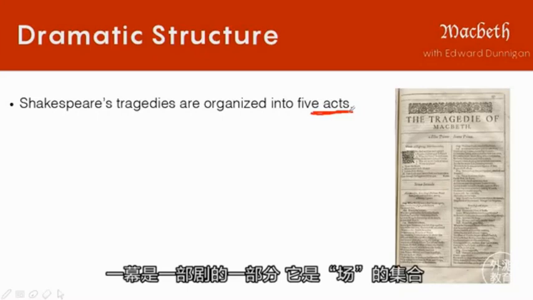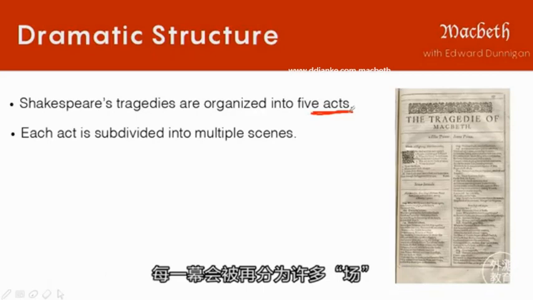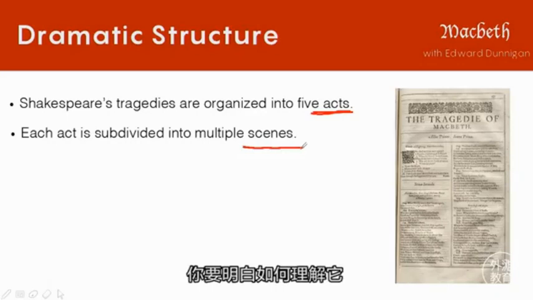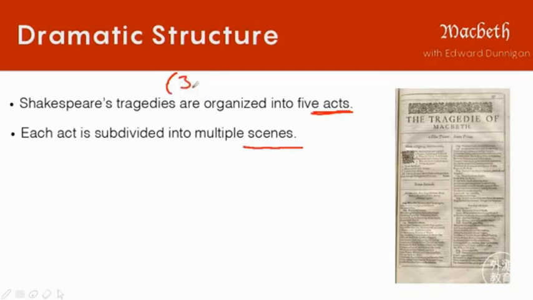An act is a part of the play. It's a collection of scenes. Every act is subdivided into multiple scenes. Something that's important for you to recognize is that you might see an annotation of the play, and you should make sure you know how to understand that. Like, for example, sometimes you'll see on my PowerPoint (3.3.15 to 17).